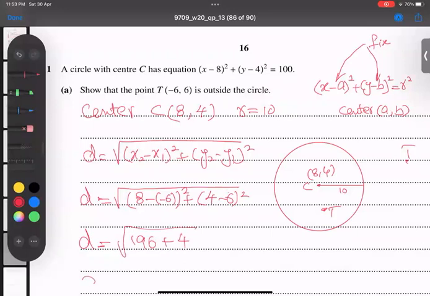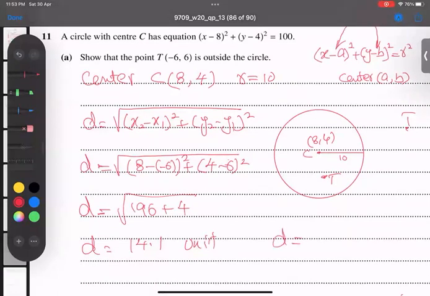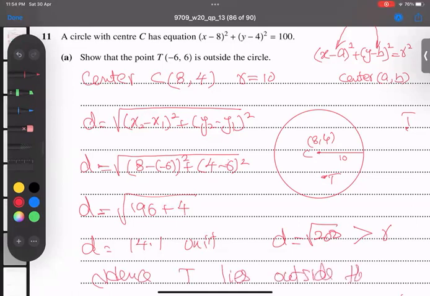So it becomes root of 200, and root of 200 is definitely outside. It is 14.1 units, and naturally this answer is bigger. So you can say that the distance, which is root of 200, is bigger than the radius, which is 10. So hence we can say that T lies outside a circle. So this point is very clear.